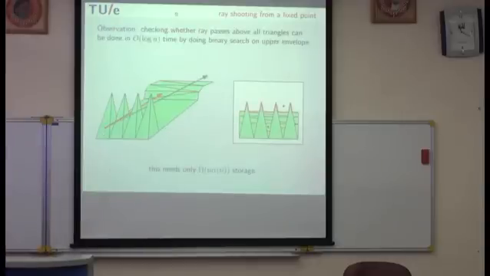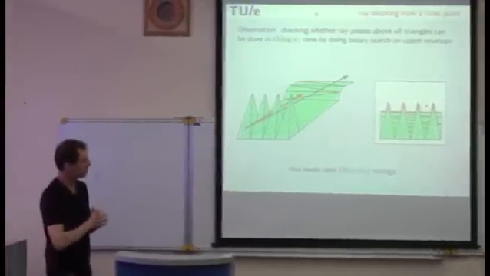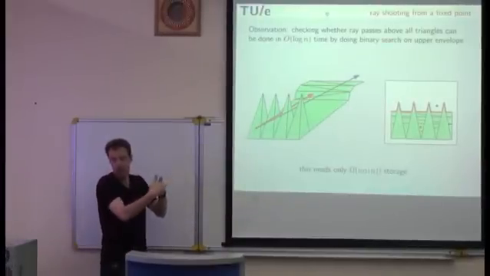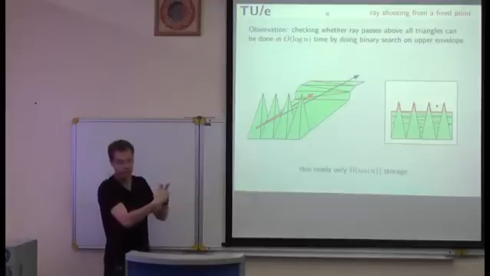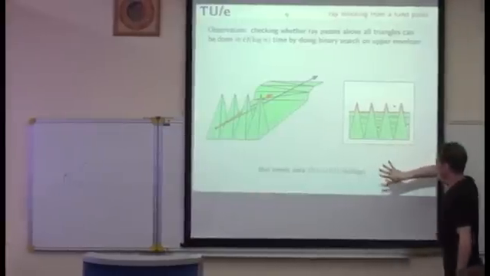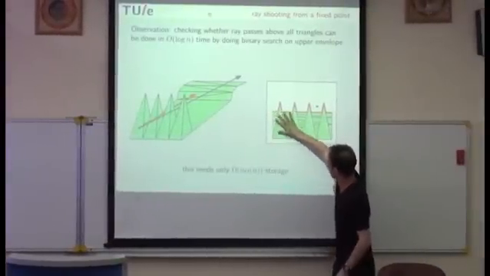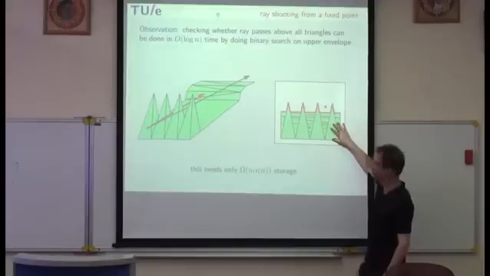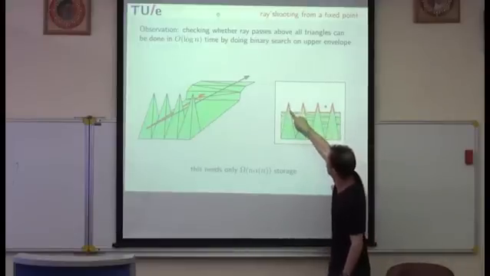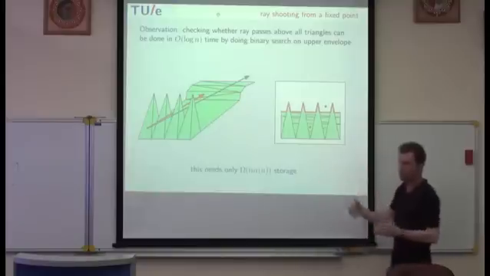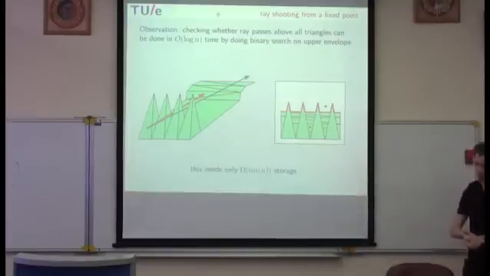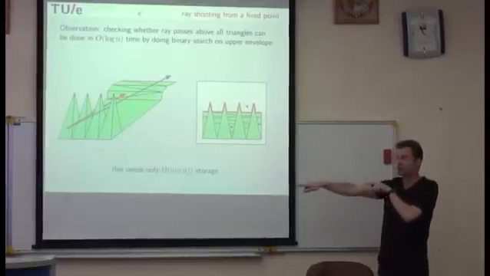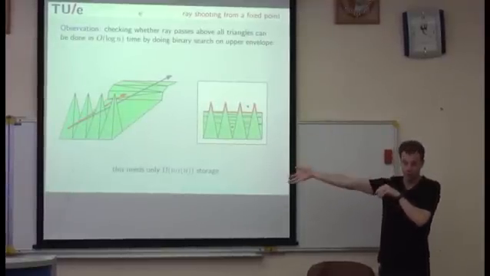Okay, so the crucial observation is the following. Suppose I again project everything onto the viewing plane. But now, instead of storing this whole complicated subdivision, which could have complexity n squared, I only store the upper rim, as it's sometimes called. Using this, I can answer the question: do I hit any of the triangles, or do I pass above all of them?